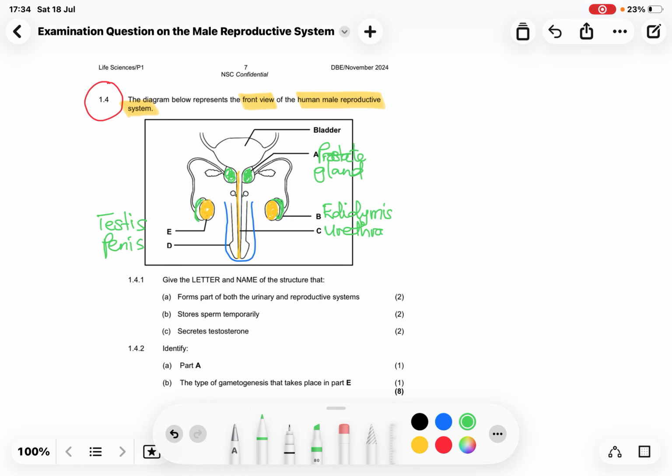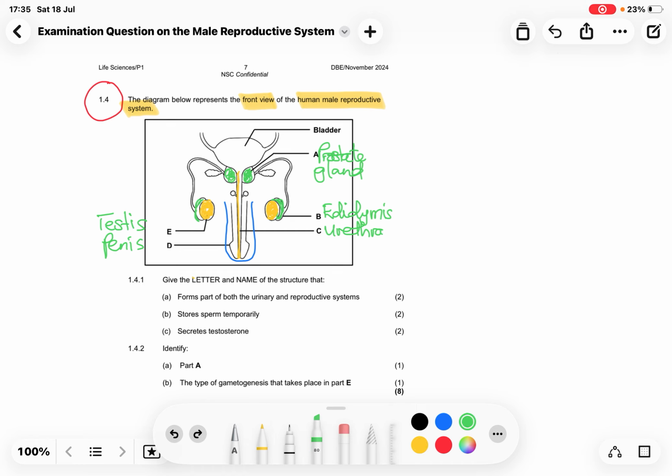When answering or addressing a question, it is very important for us to understand the instruction of the question because each question has got instructions. So we need to understand the instructions that are provided by the questions as well as the mark allocation so that we are in a position to provide the required answer. So my advice would be highlight the keywords.